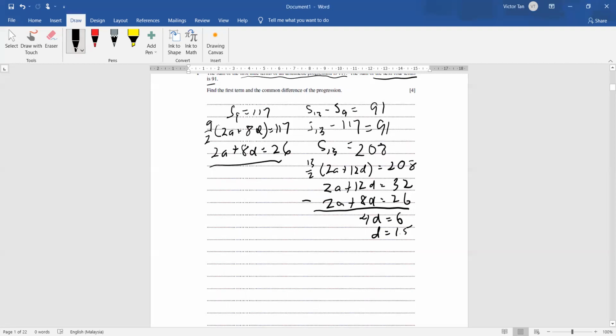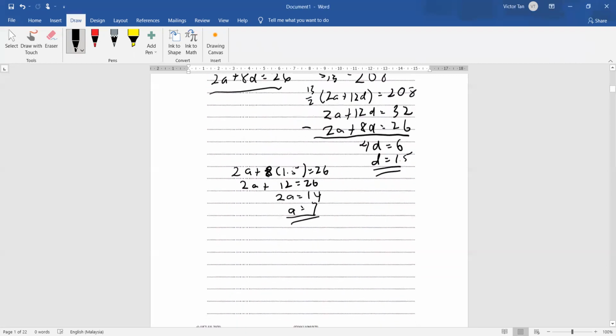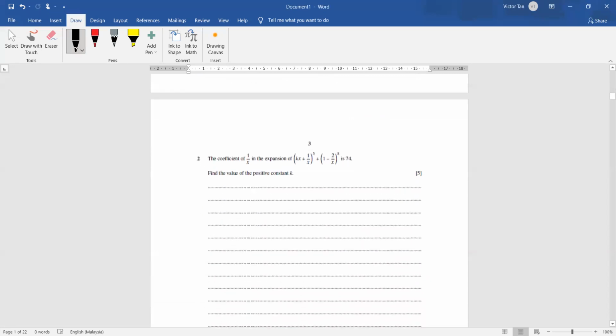So substituting into the first equation, 2a plus 8 times 1.5 equals 26. 2a plus 12 equals 26. 2a equals 14. a equals 7. That completes our first question.